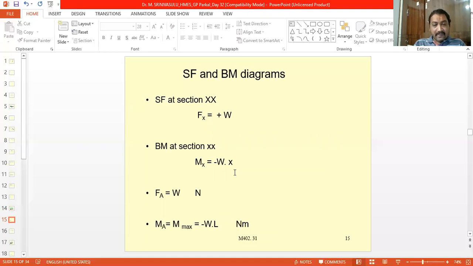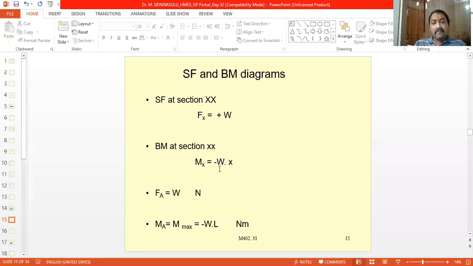The amount of bending moment is equal to W into x. So now the shear force at xx is equal to W newtons, and the bending moment at section xx is equal to minus W into x. So this is the general equation.